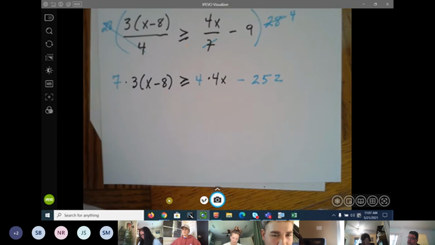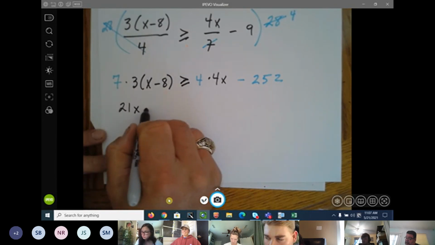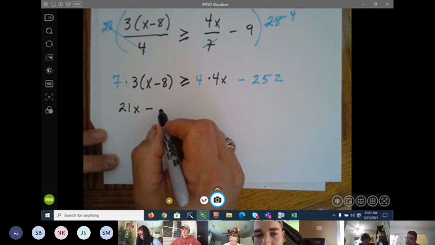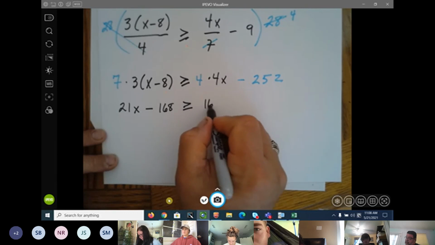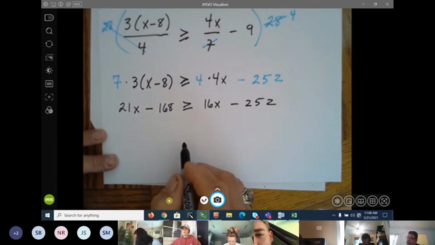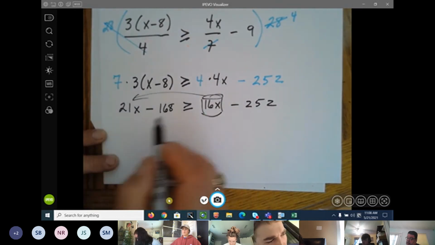So this is going to be 21x minus 168. Somebody, what's 21 times 8? 168. Greater than or equal to 16x minus 252. And I'm going to take this 16x, which is the smallest bucket, take it across the river.